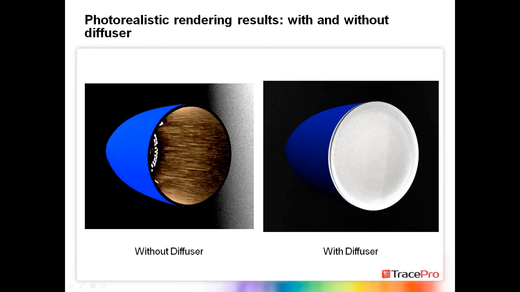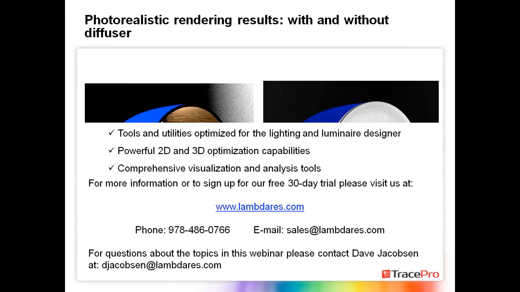And then as a last step, sometimes a diffuser is not used just as a way of spreading the light out on the surface. A diffuser can also be used to hide the high luminance, point-source-like nature of the LEDs. In this case, I'm showing a photorealistic rendering. Here's the reflector without the diffuser. We can actually see a reflection of the LED chip.